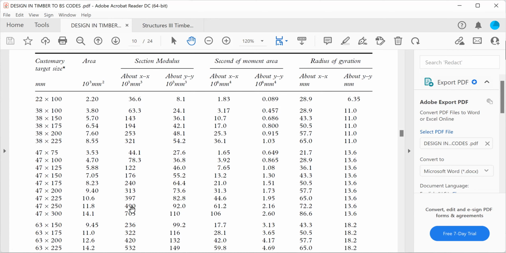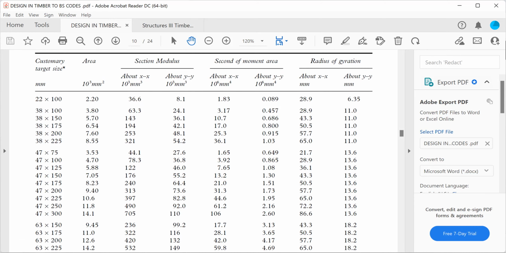This is the section modulus, the Z. So what we use is Z along XX. When we talk about ZXX, it means just about the X axis. IXX is what we call the second moment of area. We also use it along the XX.